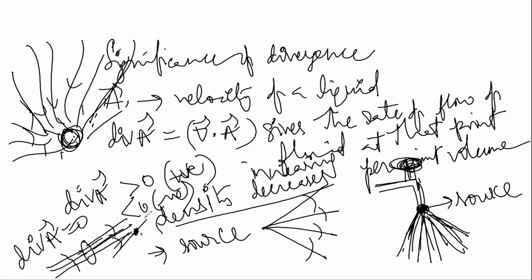When div A is 0, the density of the fluid is constant, and such a fluid is called an incompressible fluid. So when we say it's an incompressible fluid, we can directly write that the divergence of A is 0.